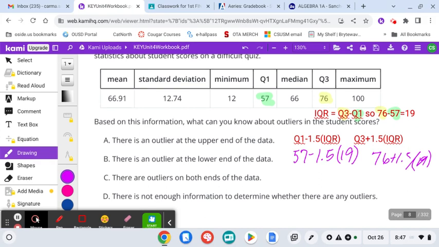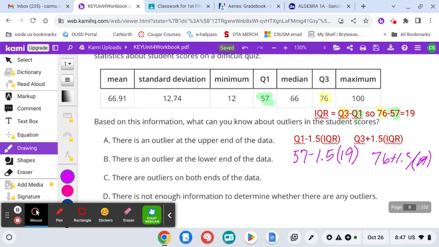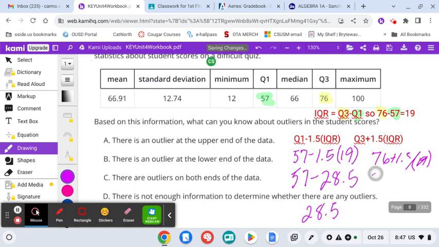And so let's grab our calculators and do that. And then 76 plus 28.5.